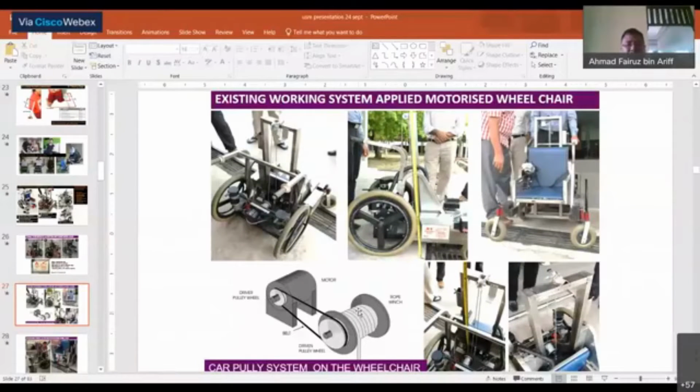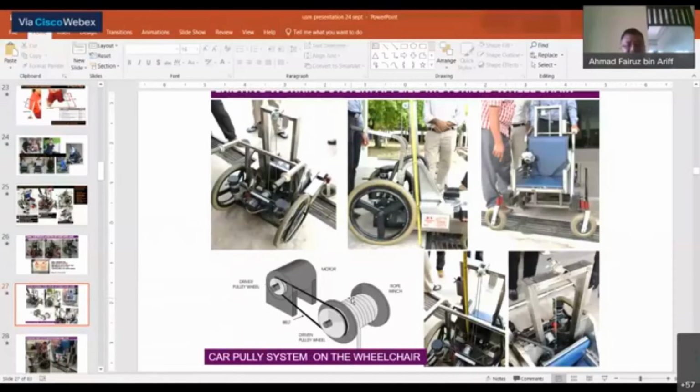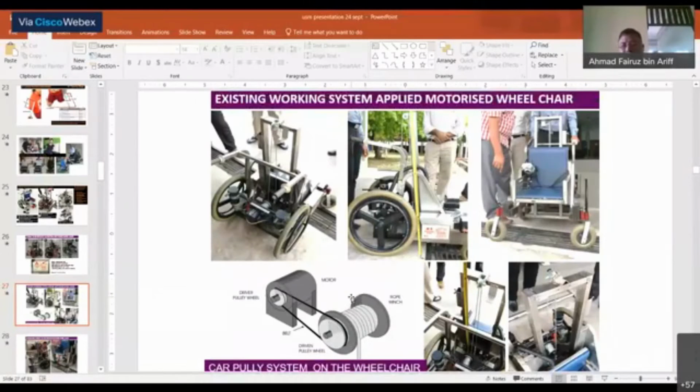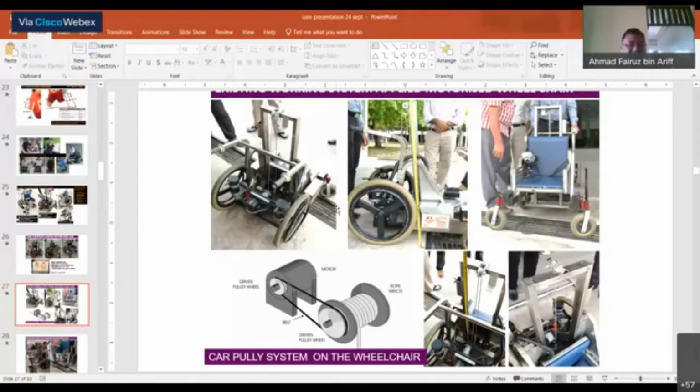Okay, car pulley system, which is very unsafe. Even though it's very rough and tough, what if one day, because this thing is exposed to the outside, all right?